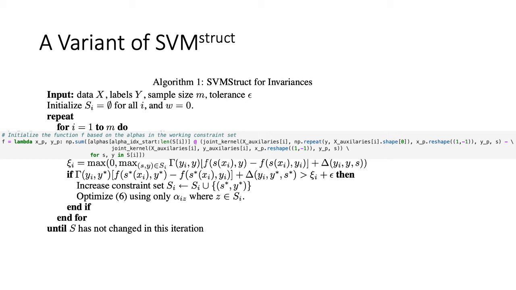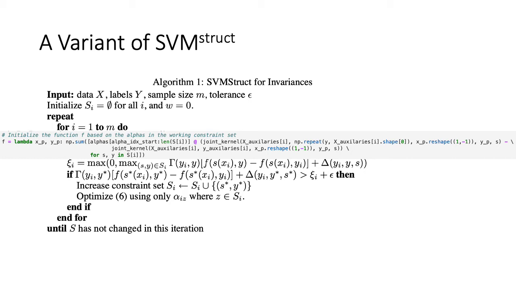But if you were tracking everything correctly, this lambda function would define that compatibility score. It's the dot product, or the inner product, of the alphas that are in your constraint set with the difference of the joint kernels of the actual training example and the labels.